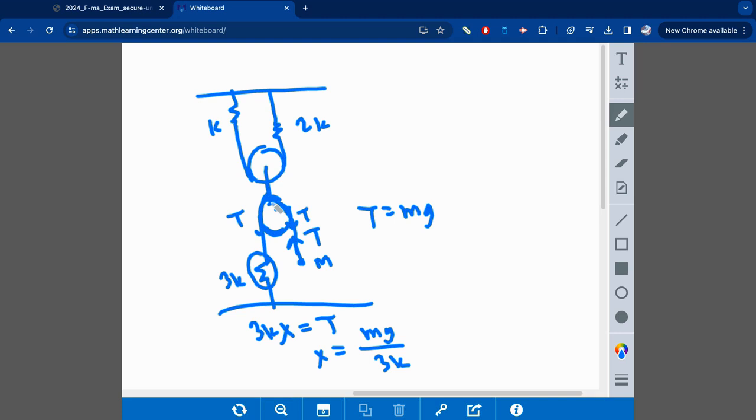And we also have this supportive force, which has to be 2T, because the net force on a massless object has to always be 0, which means that this is also 2T, which means that these tensions are also T. So this spring is going to be stretched mg over k, and this spring is stretched mg over 2k.